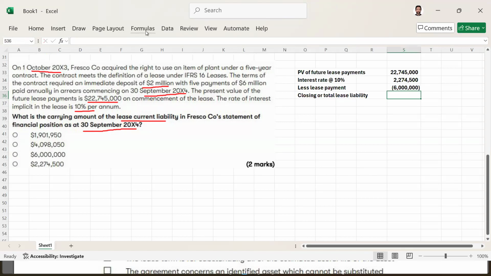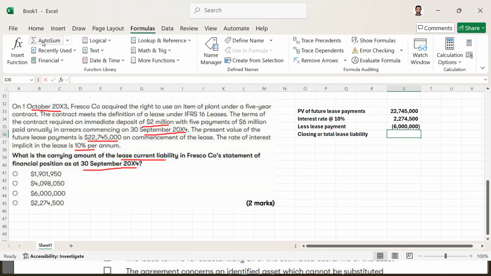So let's calculate the value here. Okay, so we have this value now. Now what is due in 1 year? Okay, we have to pay 6 million in 1 year. There is this easier way and there's another way.